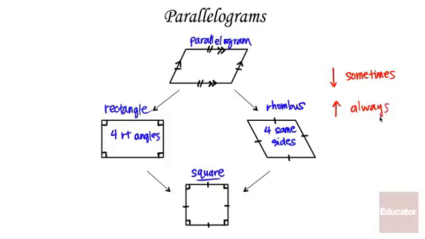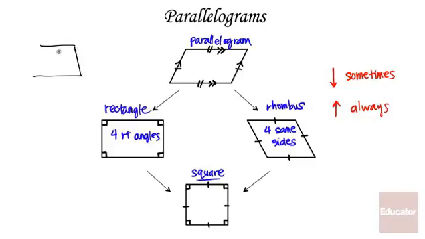Now let's look at, let's say, a trapezoid. Now a trapezoid doesn't fit anywhere on this flow chart. Why? Because it starts off with parallelogram, right? Parallelograms have to have 2 pairs of parallel sides and congruent sides. Trapezoid only has 1. So trapezoid goes over here to the side.